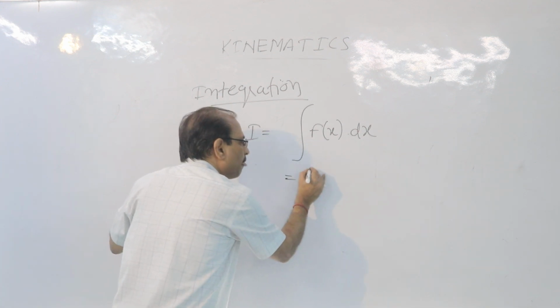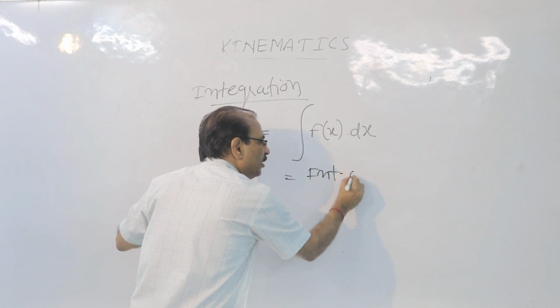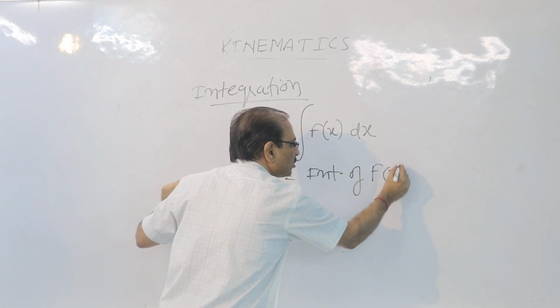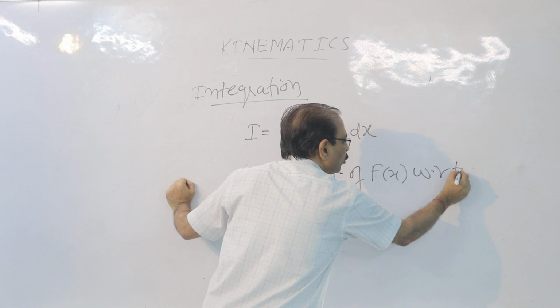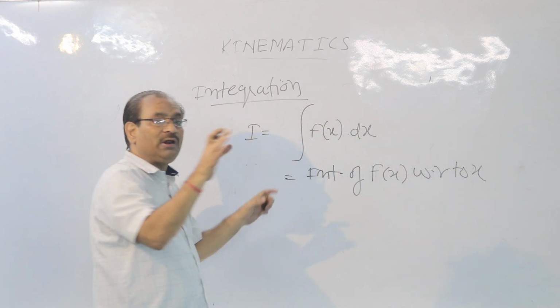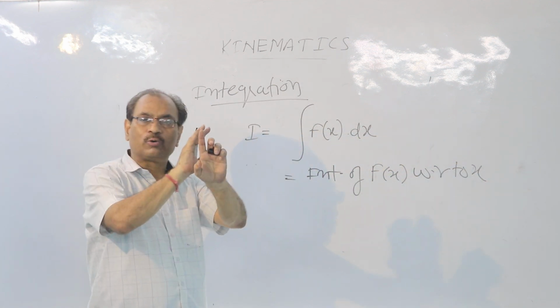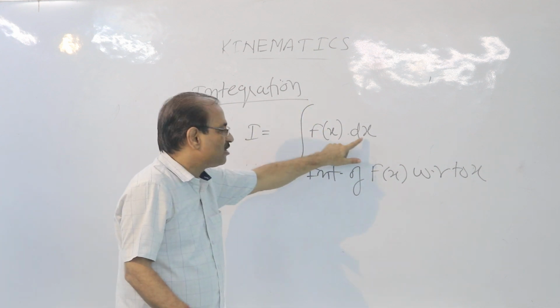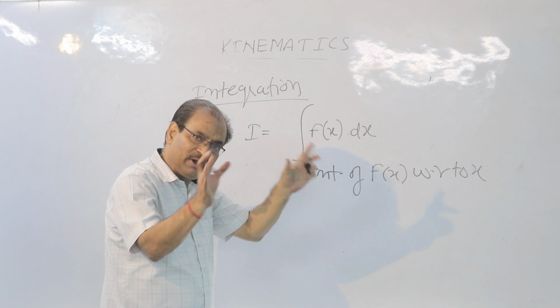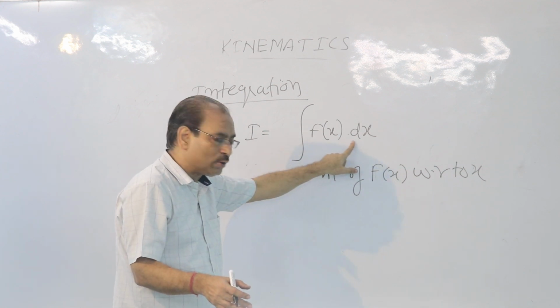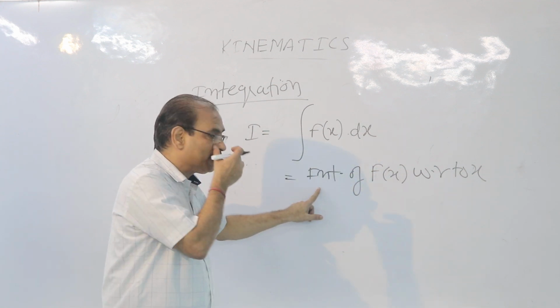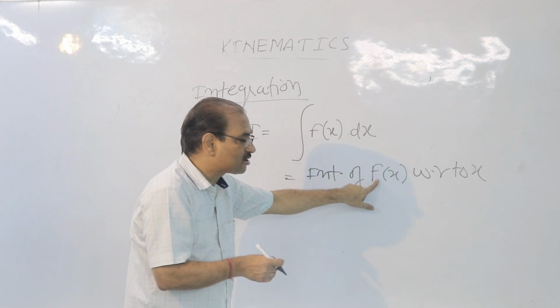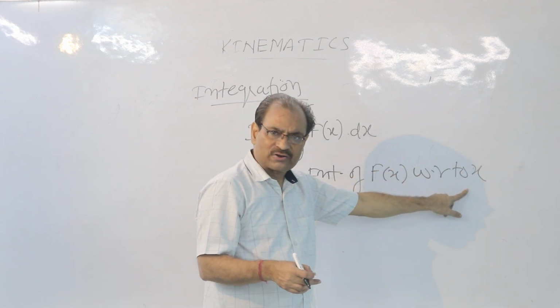So I can write, it means integration of f(x) with respect to x. There is no other purpose, absolutely nothing, in this drawing. What is the meaning of dx? It means the whole thing is equal to, you are supposed to integrate the function f(x) with respect to x.